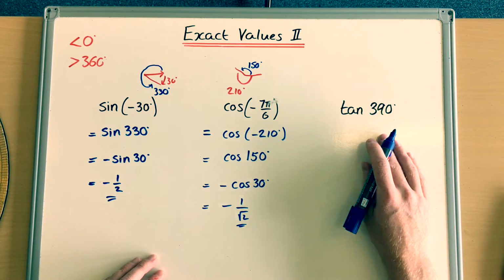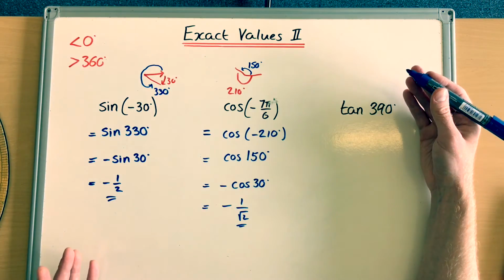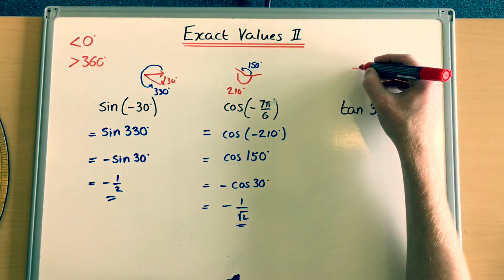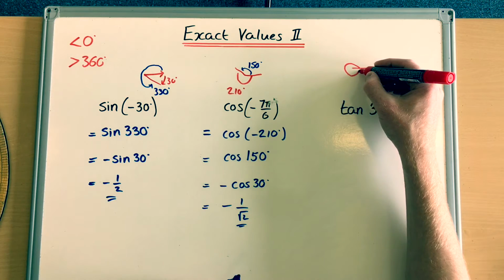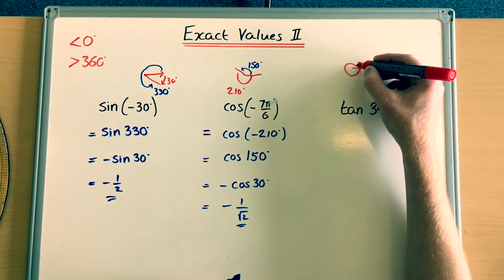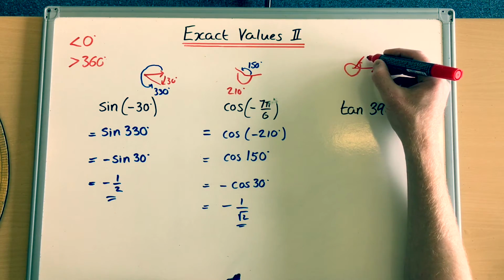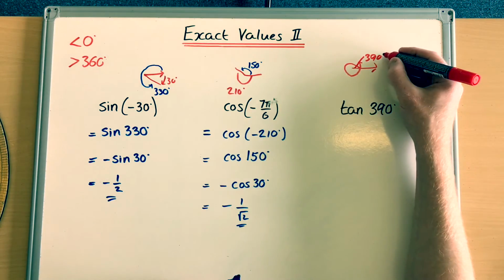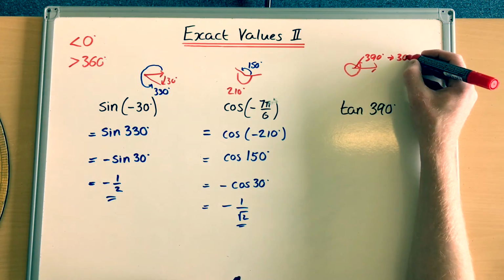What about greater than 360? Because if you think about it, where does 390 fit on the cast diagram? Well, what I want you to imagine is 390 means going around a full 360 degrees and then an extra 30. So that's 390 degrees. You've gone a whole 360 plus an extra 30. That's exactly the same as just going 30 degrees.